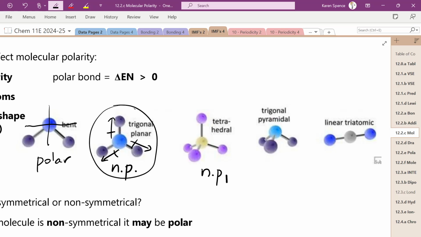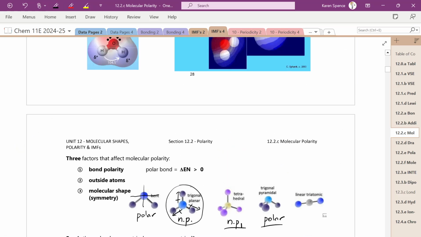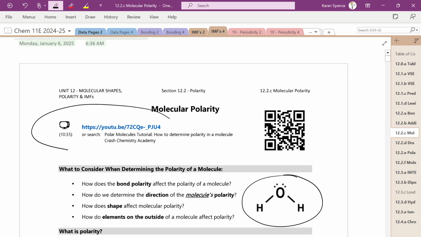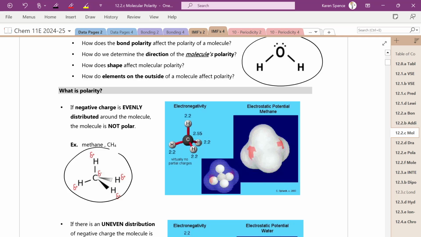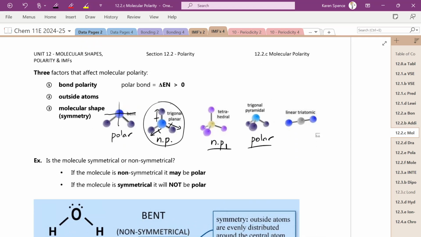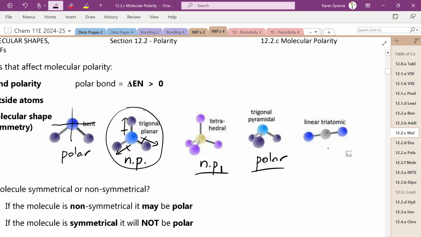If you're looking at this and you're like, I don't get why this one is polar and this one is nonpolar, then I'm going to ask you along the way to please watch this video, because it goes through a whole bunch of examples. How about linear? Polar or nonpolar?